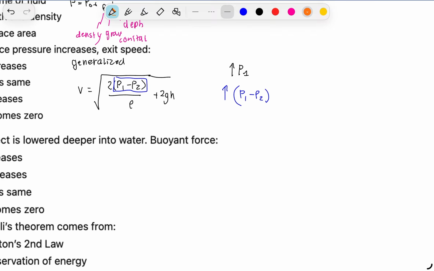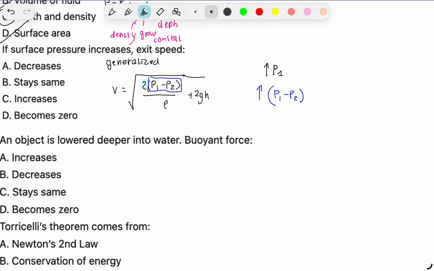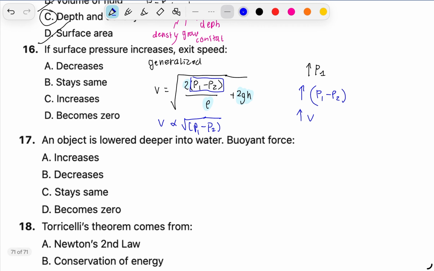Everything else is going to stay constant. Let's look at this: that's going to be the same, this is going to be the same, this is going to be the same. So we can see that if you increase that, it's in the numerator with our v. Those two are going to scale together, directly proportional. So v is directly proportional to the square root of P1 minus P2, and this means that your v is going to increase as well.